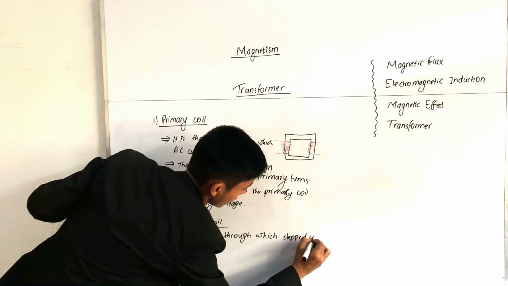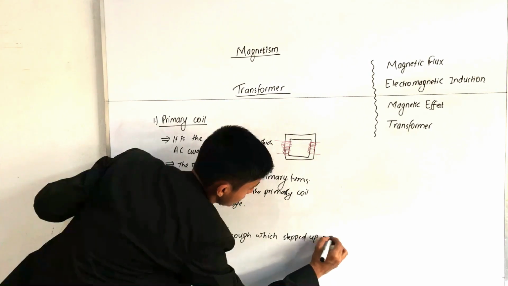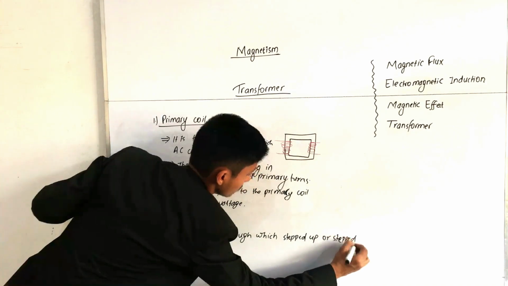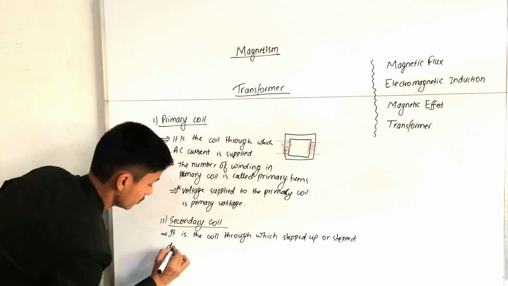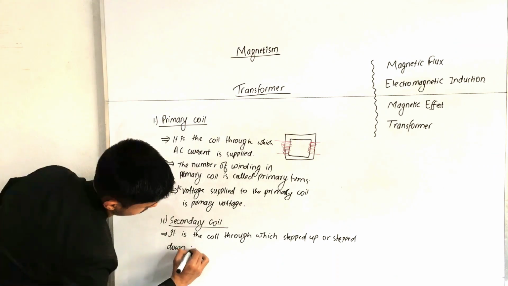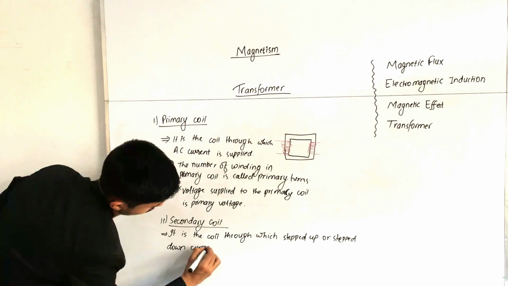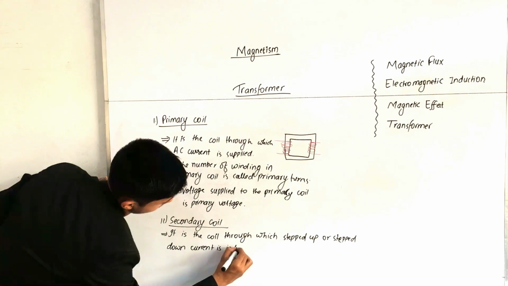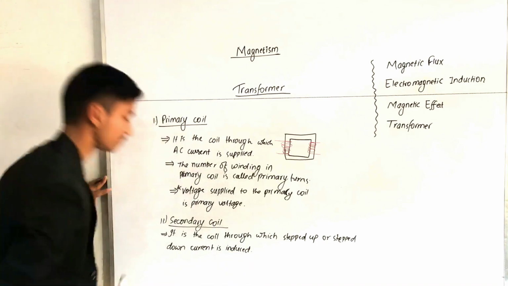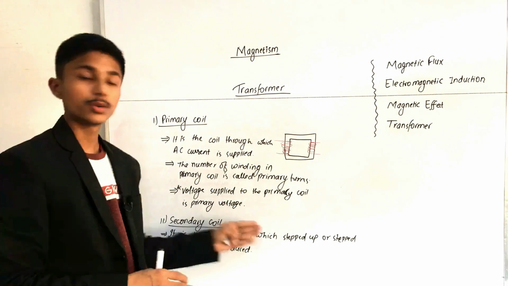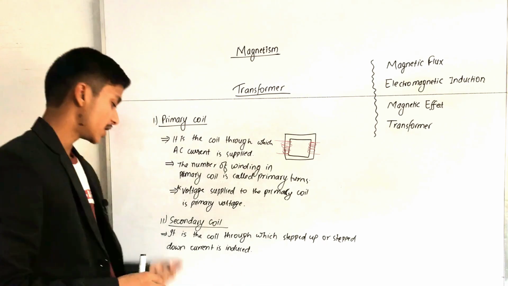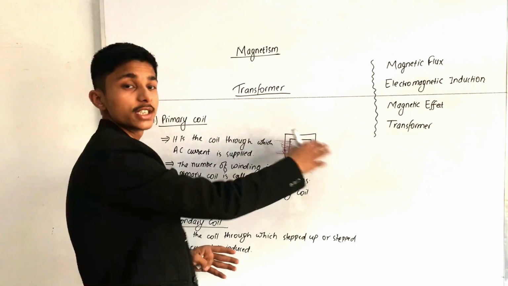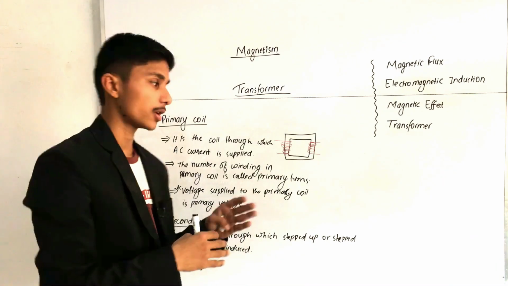It is the coil through which stepped up or stepped down current is induced. Here, from this secondary coil, either stepped up or stepped down current is induced.